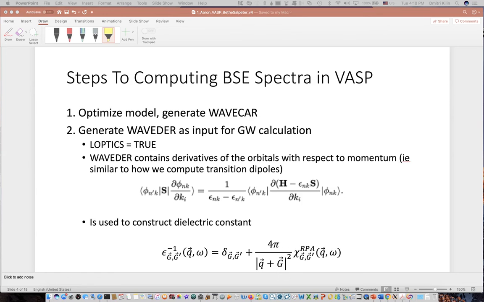Yeah, so K is momentum, so it goes along with the K indices for the orbitals. And the way I interpret it is similar to how we compute transition dipoles. The overlap at the same time step. Okay.